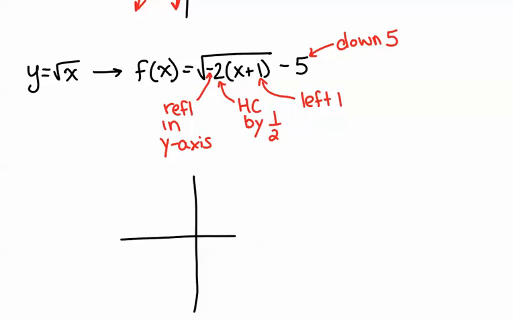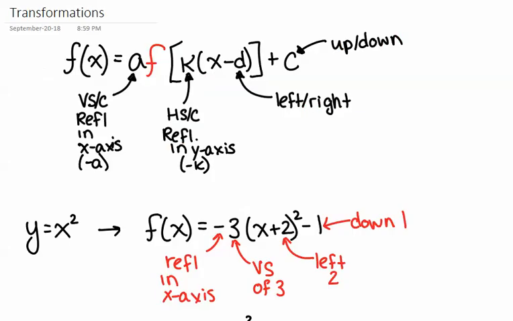Okay. So if I sketch my original first, I know my original graph starts at (0, 0) and goes off in this direction. That's my original root x graph. If I want to apply the transformations and sketch it, first dealing with the reflection in the y-axis, that's going to cause my graph to go that direction. Second, a horizontal compression by 1/2. It's going to cause my graph to be smushed horizontally.